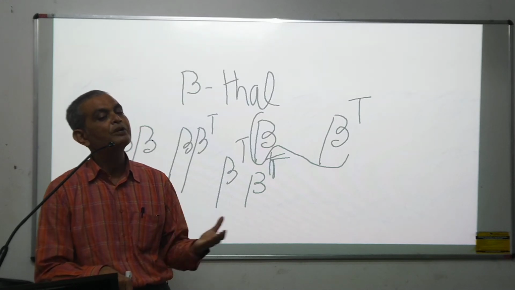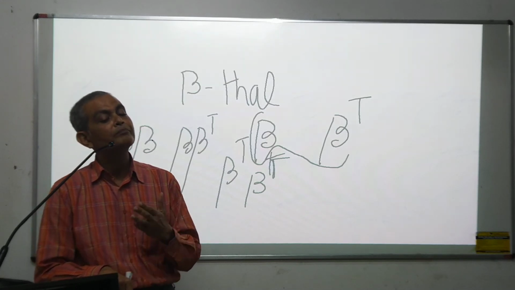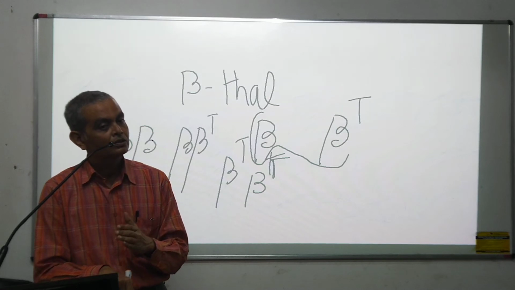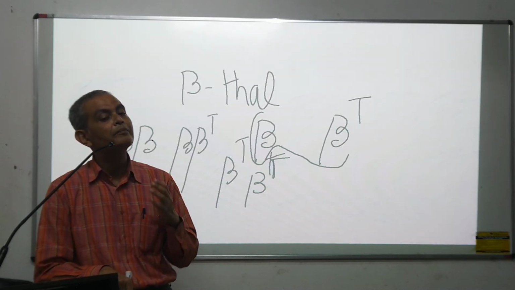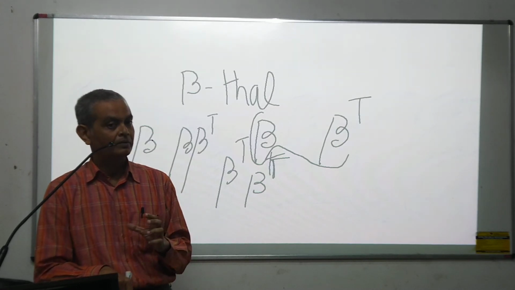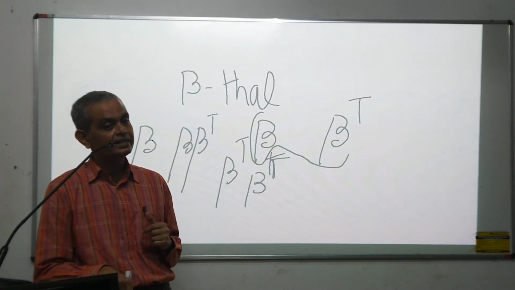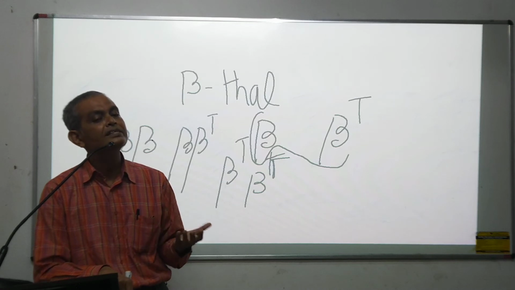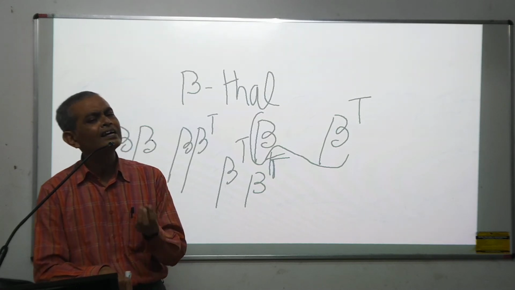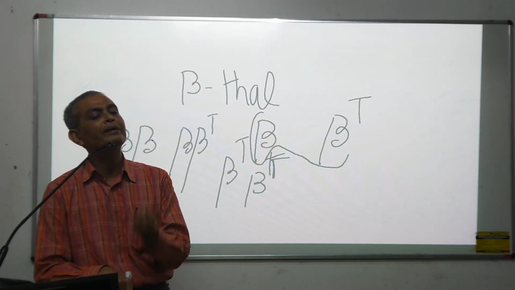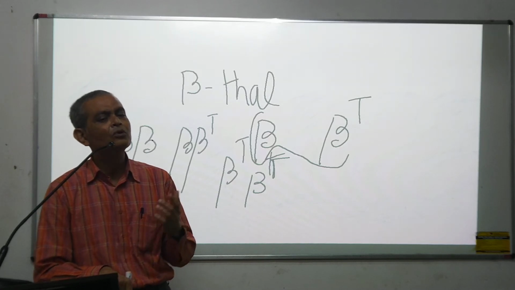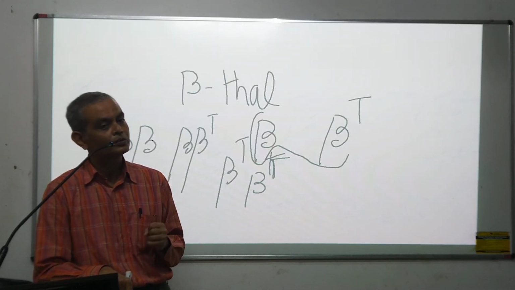So the remaining 50% can at least compensate for the loss. So the patient will usually maintain a normal life, but there will be anemia whenever there is severe stress like pregnancy. In those cases there can be anemia, or there can be mild compensated anemia with hemoglobin in the range of 9 to 10.